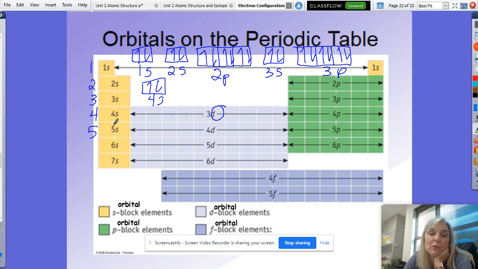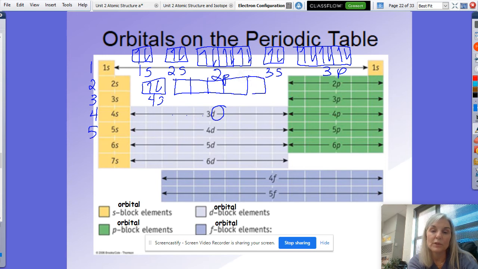All right. So now we're at the d area. So this is what I was talking about. Even though we're in level 4, when we get to the d area, you're going to subtract 1 from it. So we're actually at 3d. So 3d, the d orbitals have 5 boxes. Add another one.